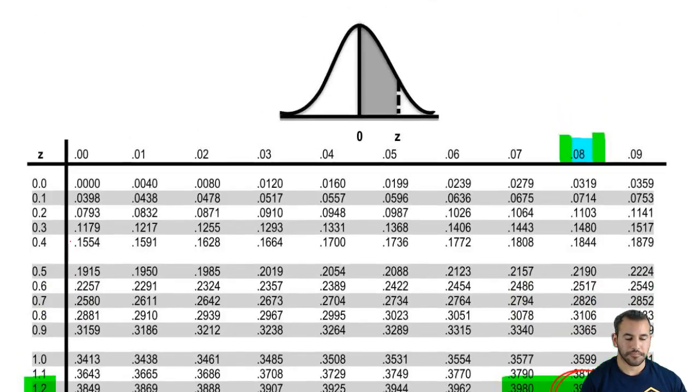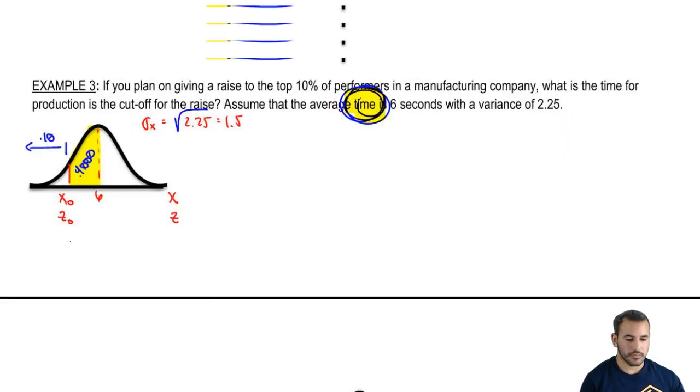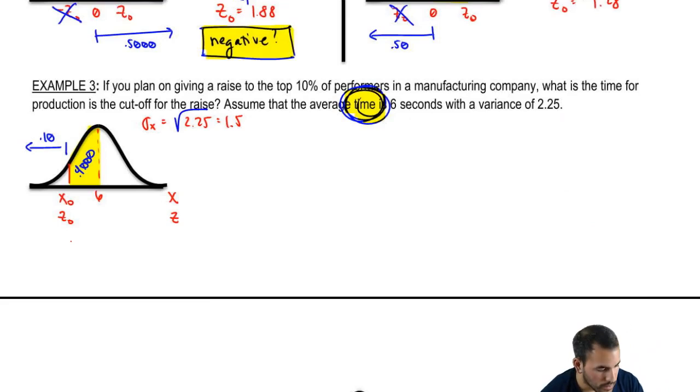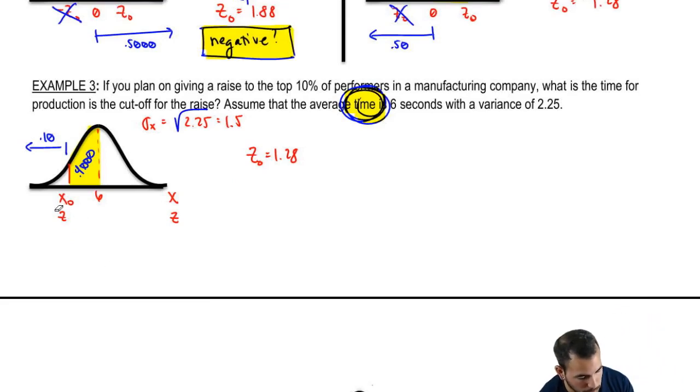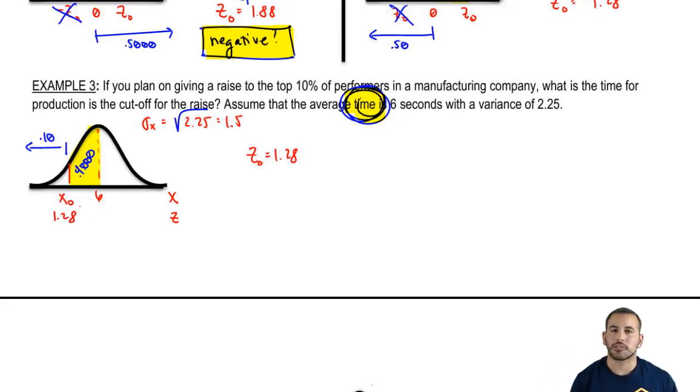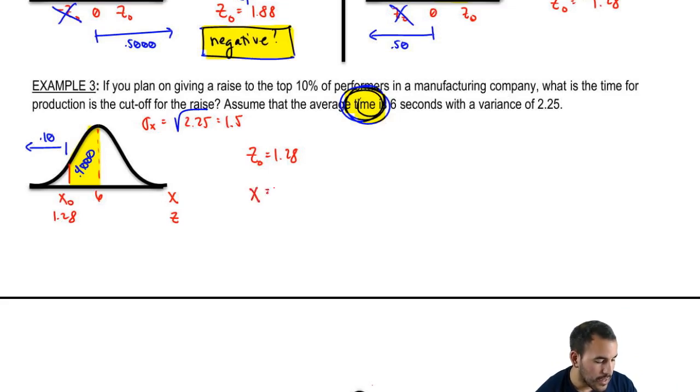Let's go back up. So our z then is 1.28. Yay. Right? So that means this becomes 1.28. And now how do we work our way backwards to an x value? The way we do that is the formula: x equals z times the standard deviation plus the mean.